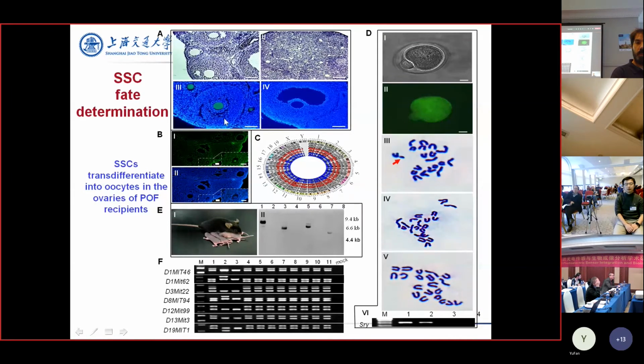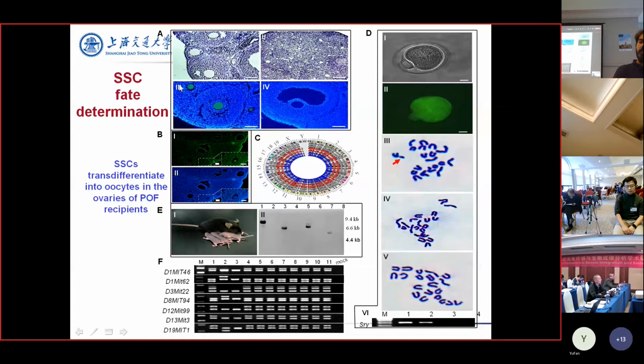Can the SSCs develop or not? Because the spermatogonial stem cells are labeled with GFP, we can follow them.